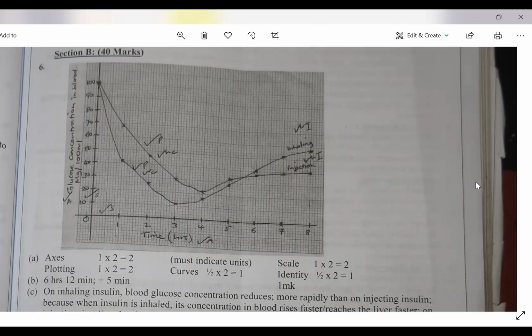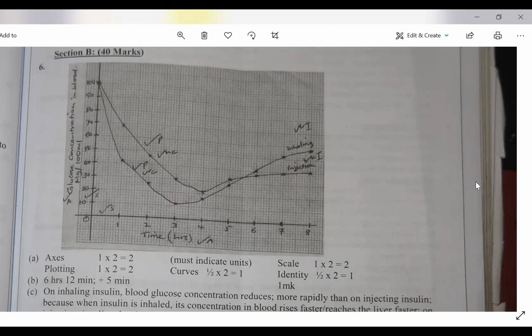Then curve. What do I mean by curve? I think that the point of curve is what may have not come out clearly. A curve is the way you pass through the points. Are you passing through those points clearly? Is your curve smooth? Or is it dirty, rubbed?